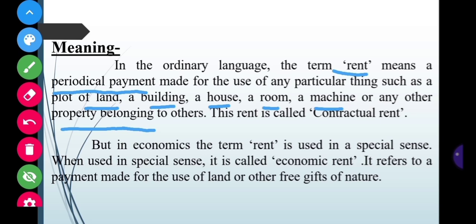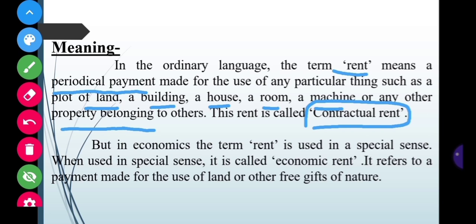If we utilize those things, we have to pay some reward for that. That reward is called, in economics, contractual rent.